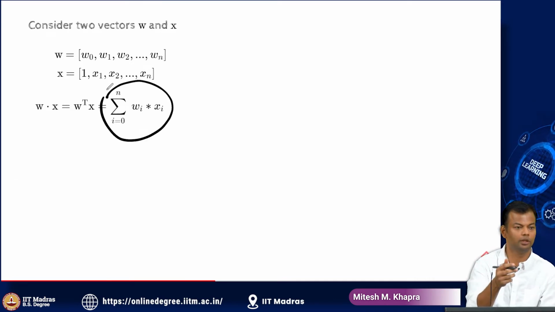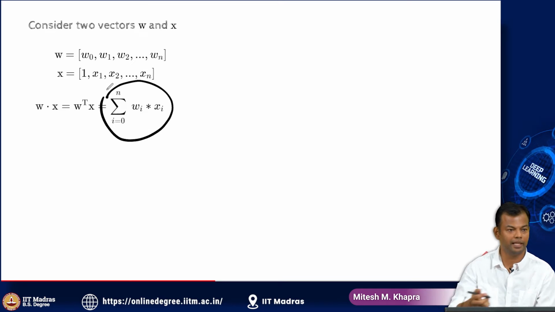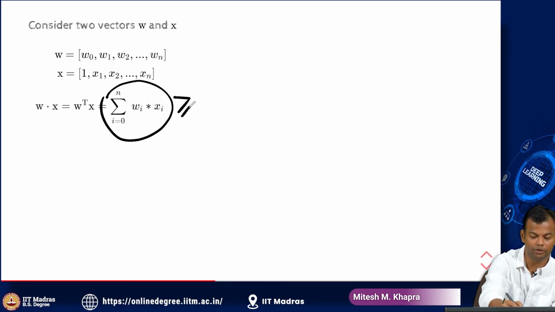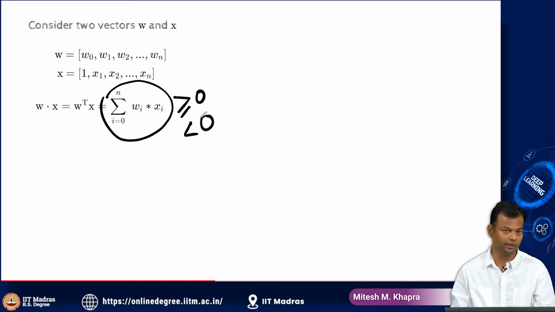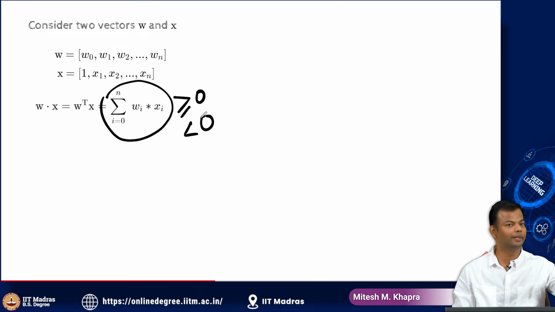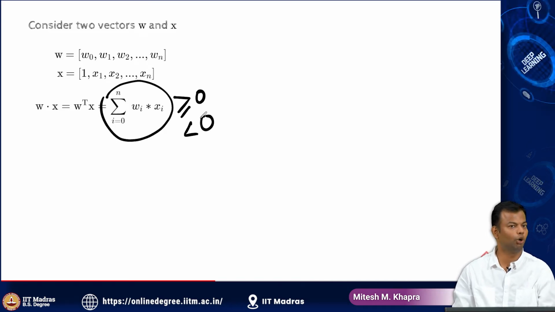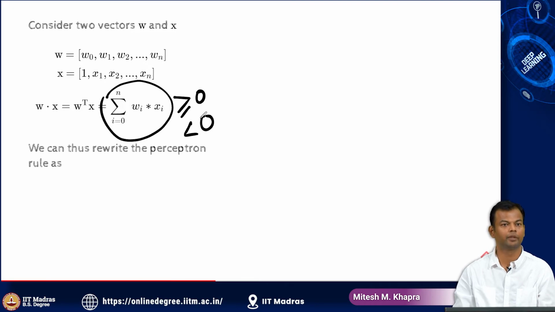And this is the expression that we saw on the previous slide. I was taking decisions based on whether this value was greater than or equal to 0 or less than 0. So this quantity is nothing but the dot product between the weight vector and the data point that I have. So we can thus rewrite the perceptron rule as the following.